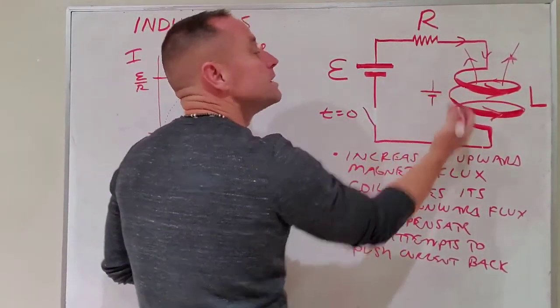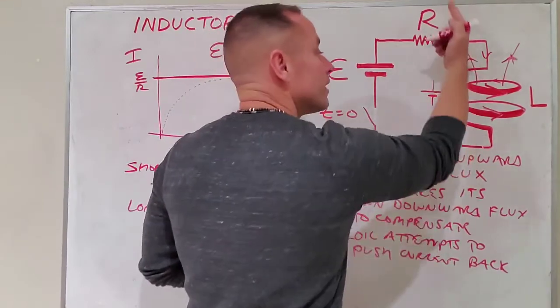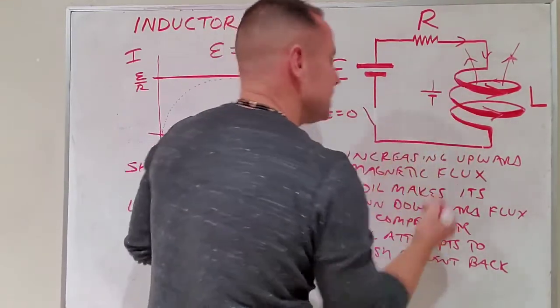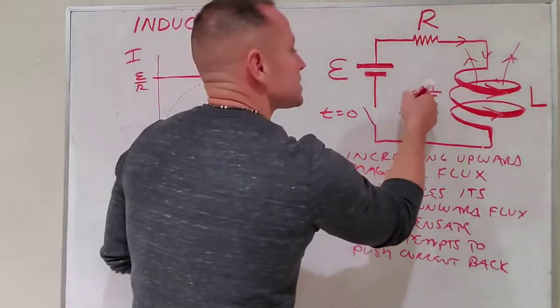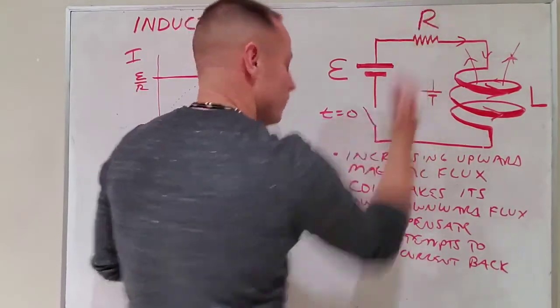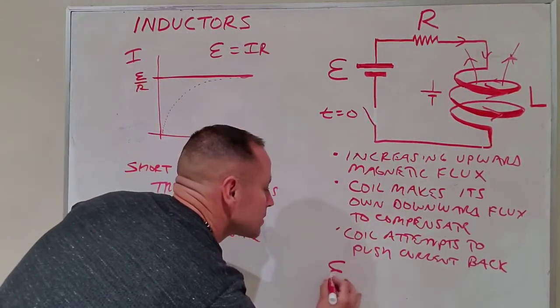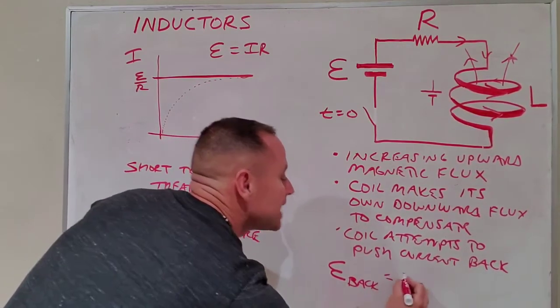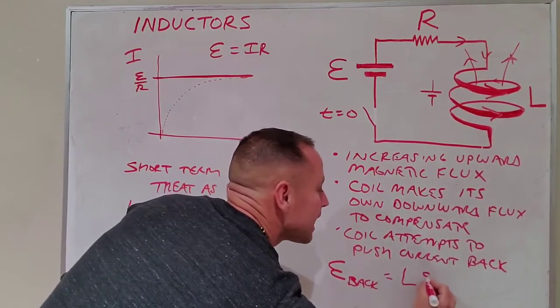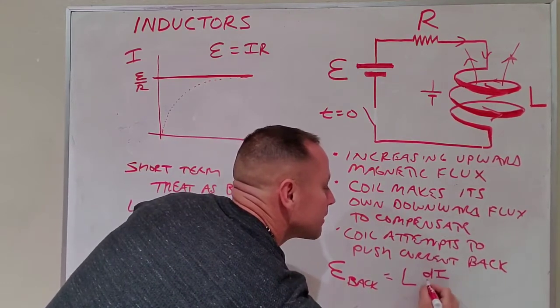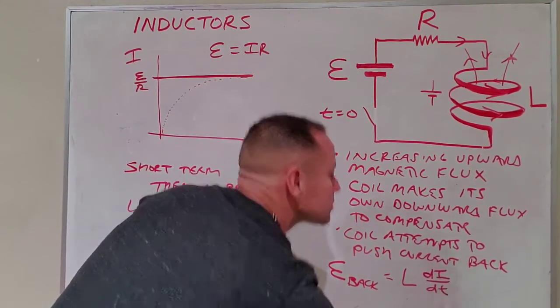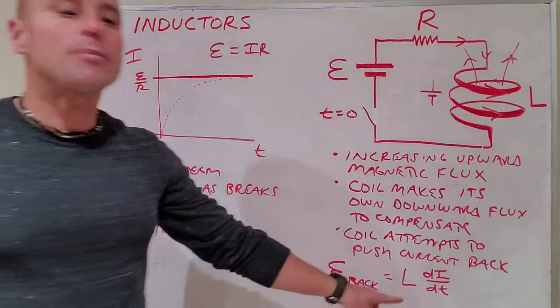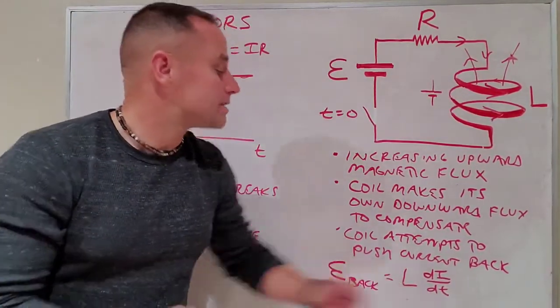And this voltage that it's pushing back with, they call it a back EMF, and the size of it is L di dt. So this thing's really only waking up or acting when the current is changing.